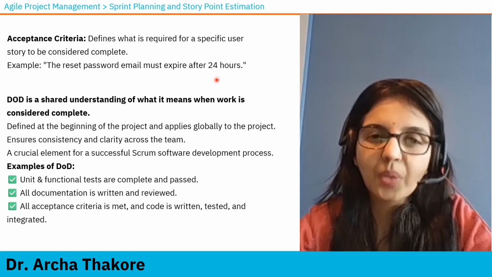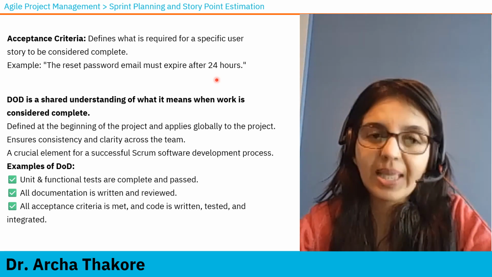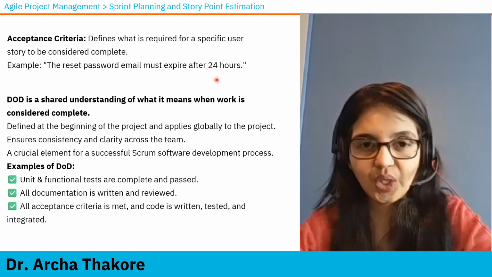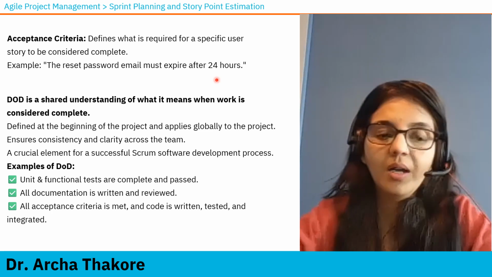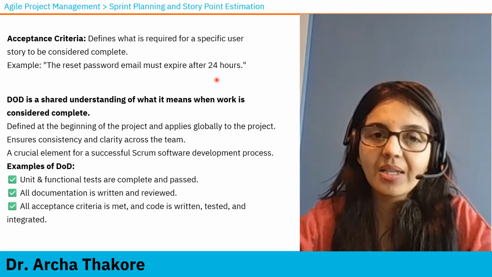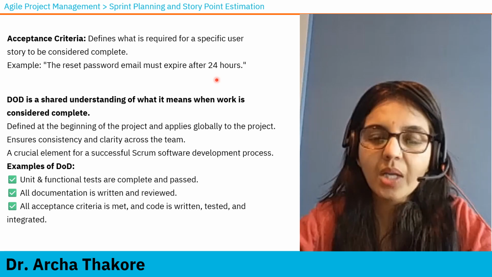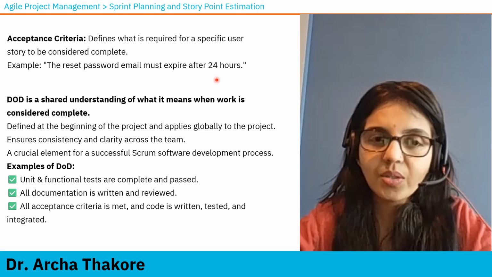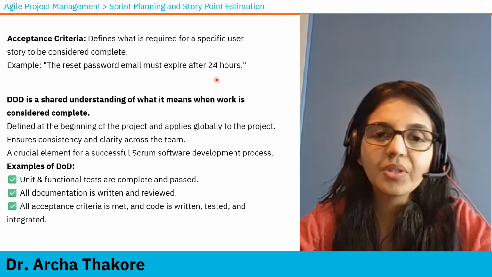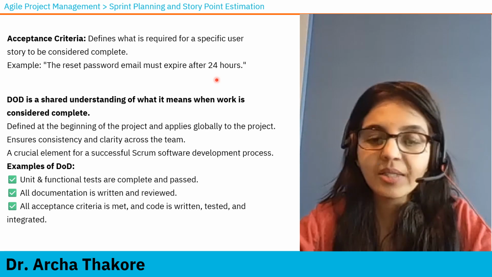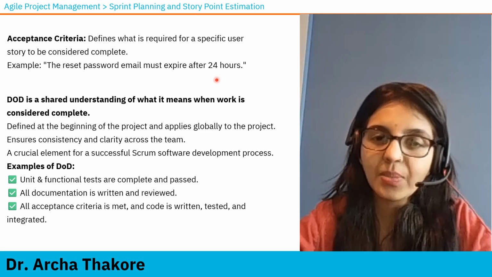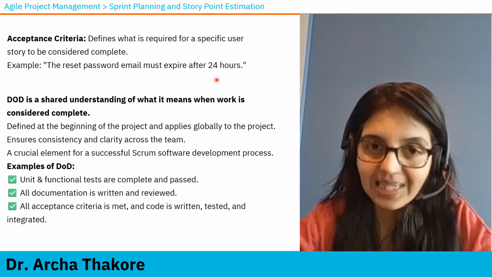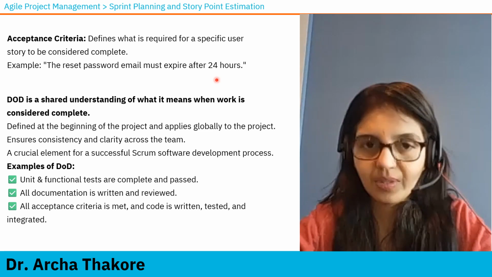Now we will talk about a smaller topic, which is acceptance criteria and definition of done. Acceptance criteria is nothing but a criterion to understand if the story is done. It relates back to the estimatable and testable characteristic of user stories.